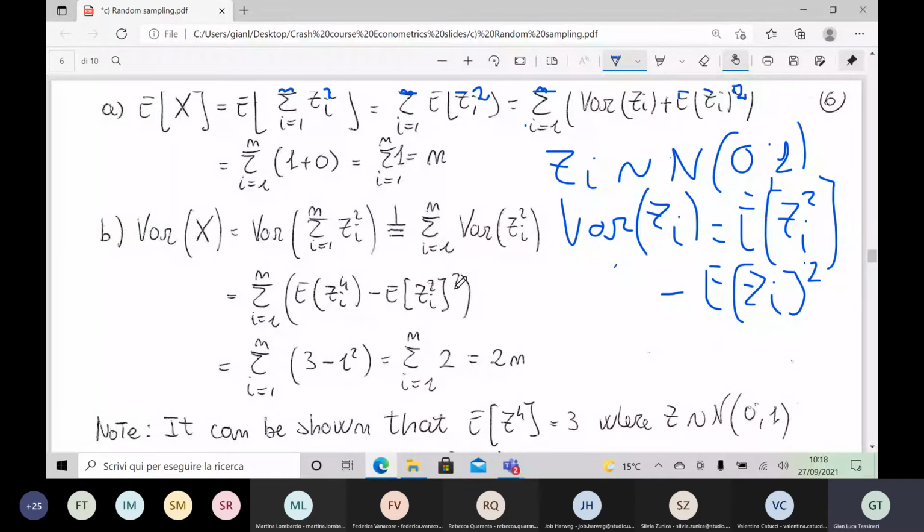So 3 minus 1 is 2. Then you have the sum of 2 to itself, n times: 2 plus 2 plus 2, n times, gives as a result 2n. So the chi-square random variable has these interesting characteristics, that its shape depends only on one parameter, n.